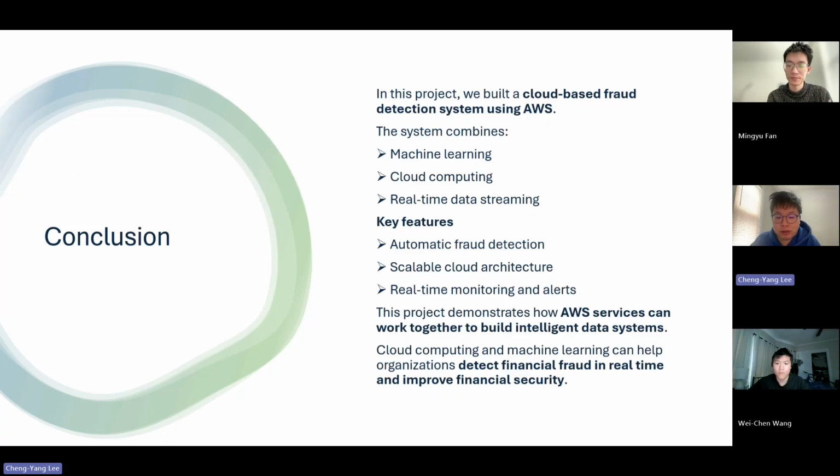This project shows how AWS services can work together to build an intelligent system. It also demonstrates that cloud computing and AI can improve financial security and reduce fraud risks.